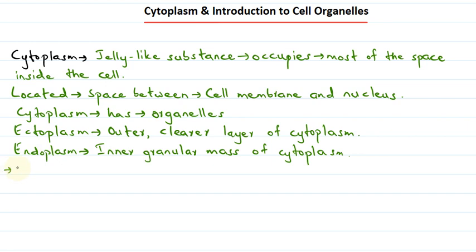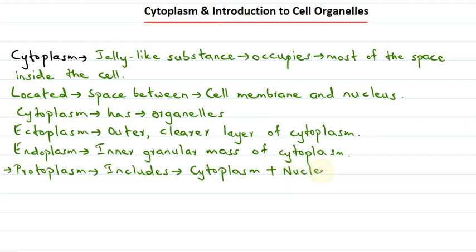Then there is another term called protoplasm. Protoplasm is surrounded by the cell membrane and it includes the cytoplasm as well as the nucleoplasm, that is the nuclear sap.